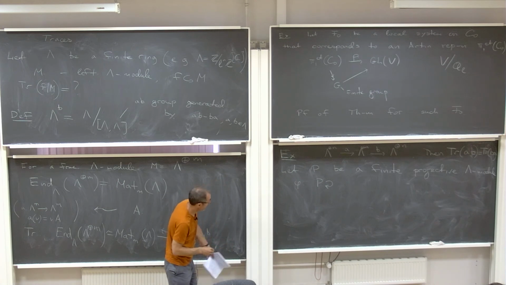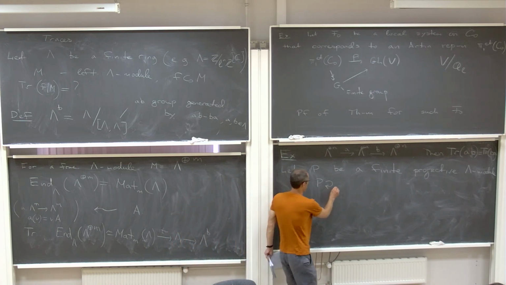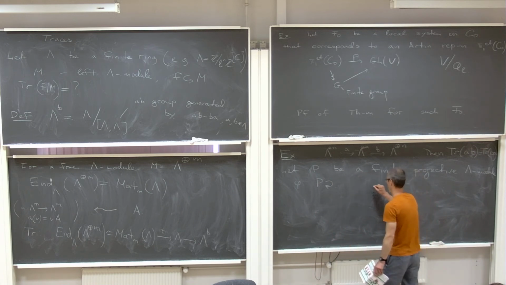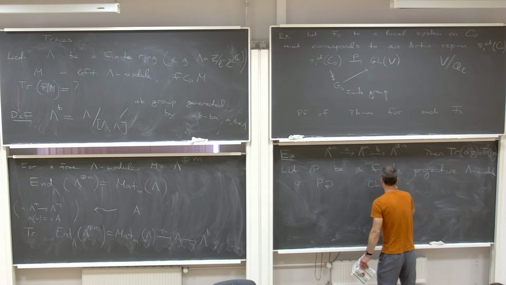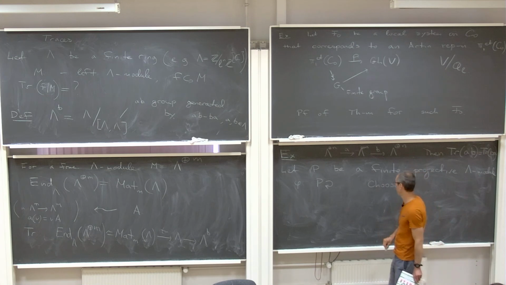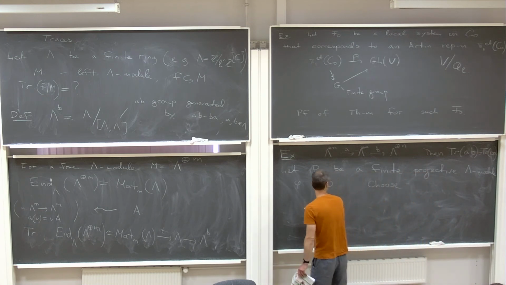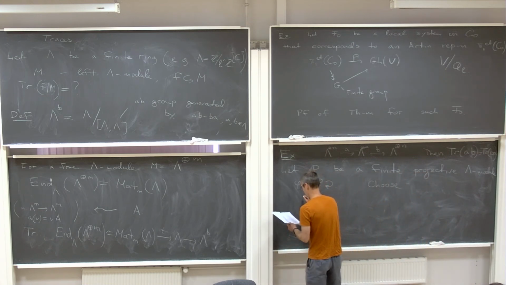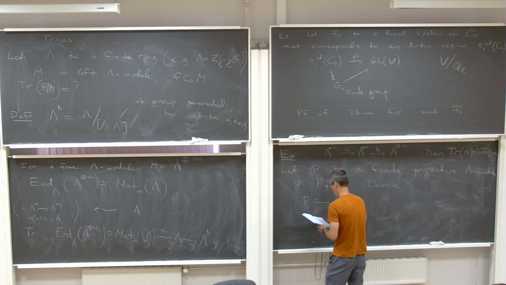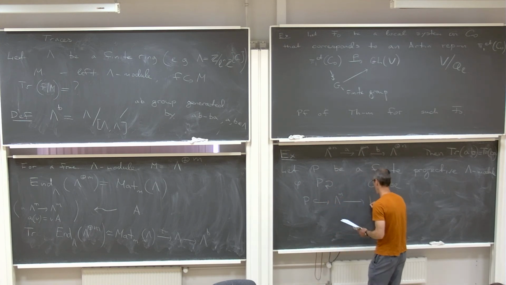So what is trace? What is a projective module? A projective module is by definition a direct summand of a free module. Well, it's finite, so it's of finite rank. So choose a map, an embedding of P into a free module, lambda m, and this is the projection.